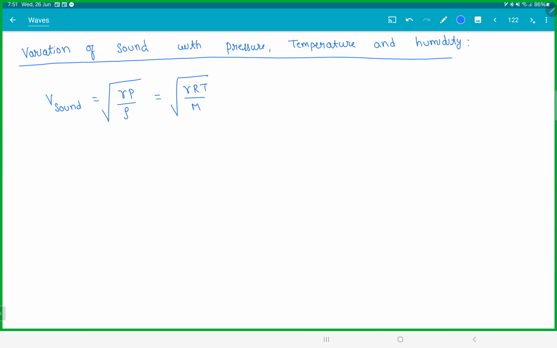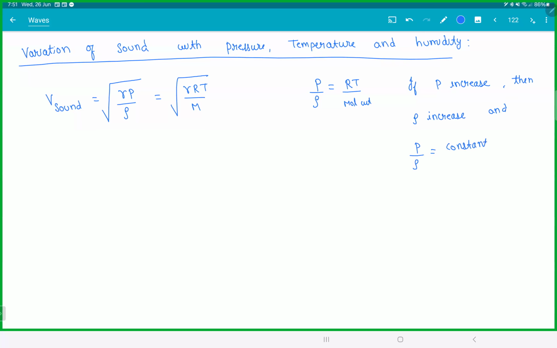So the most common mistake, what people think, if pressure increases, sound speed increases. What people forget, we know P by rho is equal to RT by molecular weight. If P increases, rho also increases. If you increase the pressure, gas will compress, increase the density. So P is just not an independent variable. And P by rho remains constant. So velocity of sound depends only on temperature.